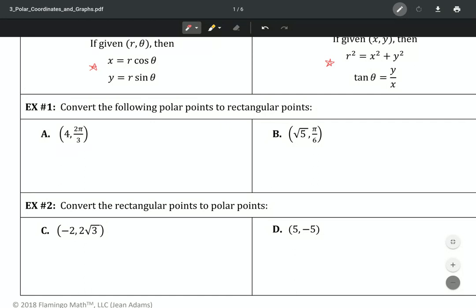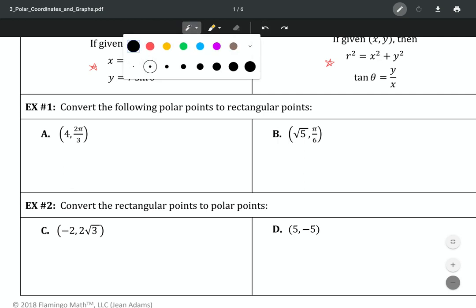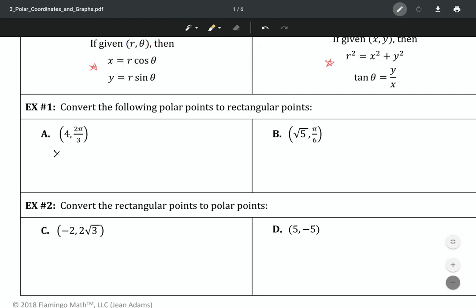To do that, we use the formula that says x is equal to r times cosine theta. So this would be 4 cosine of 2 pi over 3.